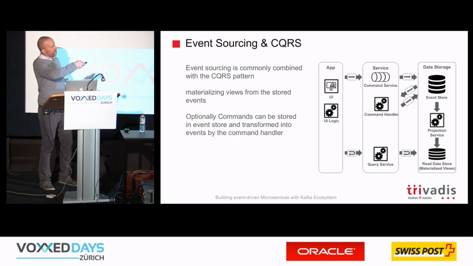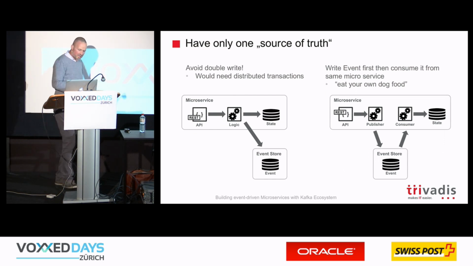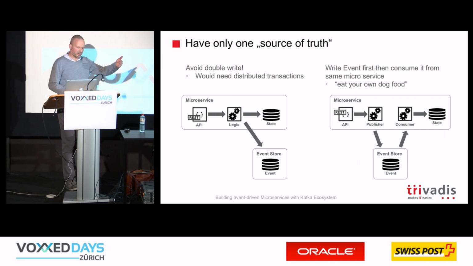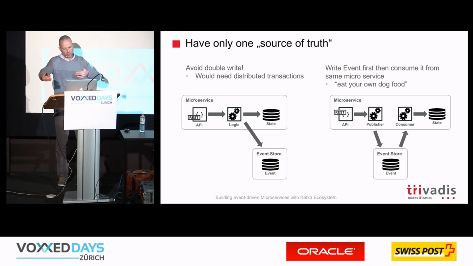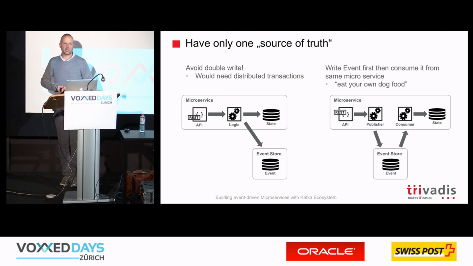You can already see it here, but I would like to drill down a little bit. If you now work with an event store and state is the materialized view, then you might want to store in the event store plus in state. And if you do it in one logic, if the logic has to handle both, then you have a problem that these new systems are not transactional.